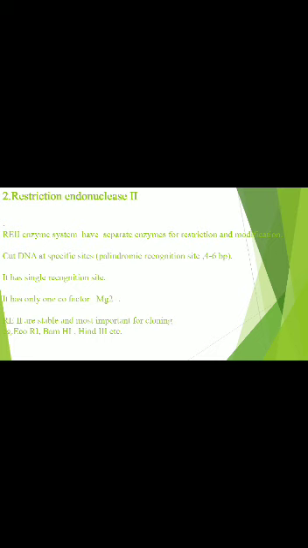It has only one cofactor, that is Mg2+. The first type 2 enzyme is HindII, which was isolated in 1970. Type 2 enzymes are stable and most important for cloning purposes. The examples are EcoRI, BamHI, HindIII, etc.